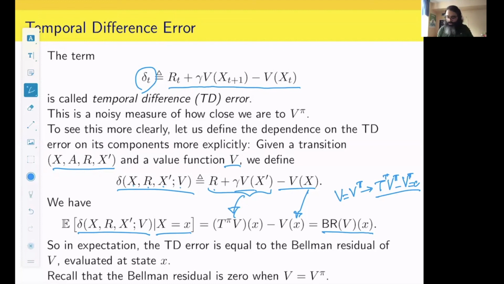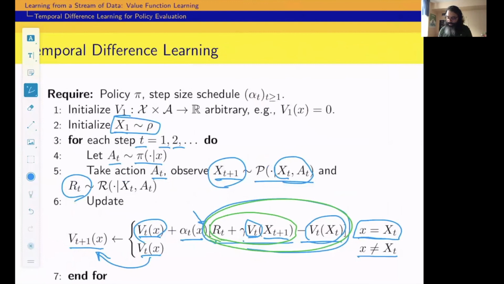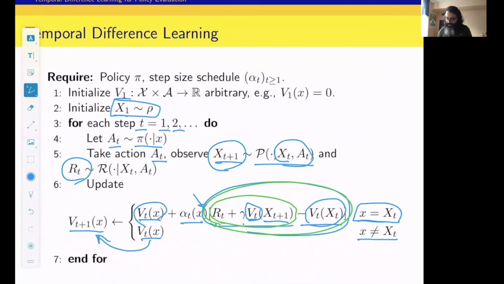So TD error can be seen as a Bellman residual, but a noisy version of it. And the temporal difference learning algorithm, at this step, is just adding the TD error, how far we are from the true value, to the previous estimate. If the noise always has a positive bias, it means that we should make it smaller, and vice versa.